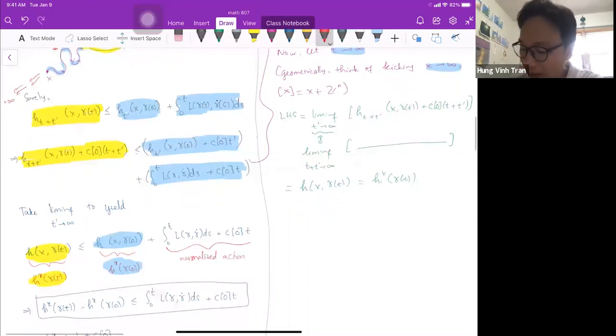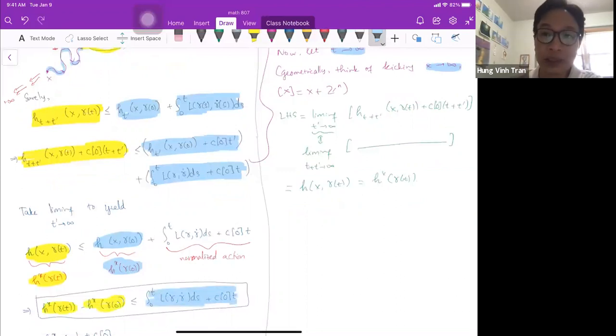So therefore, eventually, we have been able to deduce that h_x(gamma t) minus h_x(gamma 0) is always bounded by the normalized action of gamma. So we are done.